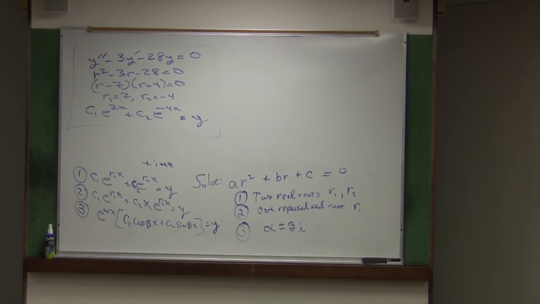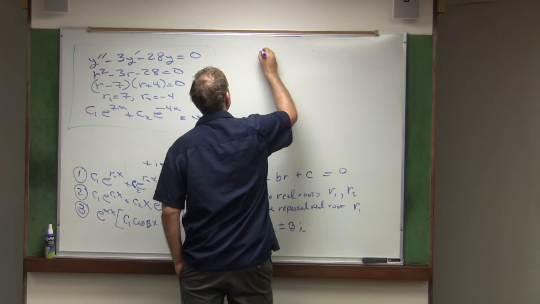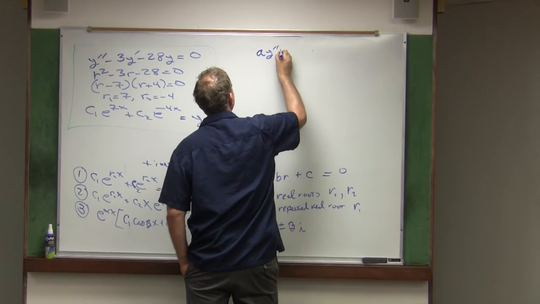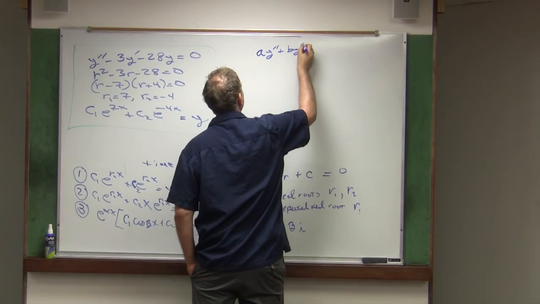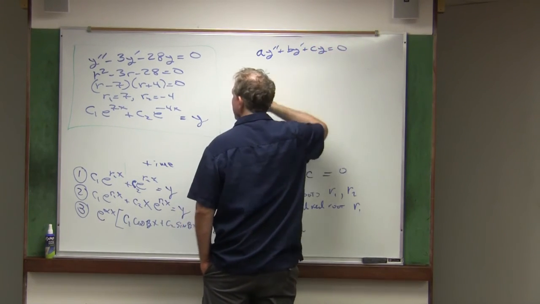You want to see the justification, at least for part A. So let's say this is your equation, like a y double prime plus b y prime plus c y is equal to 0.